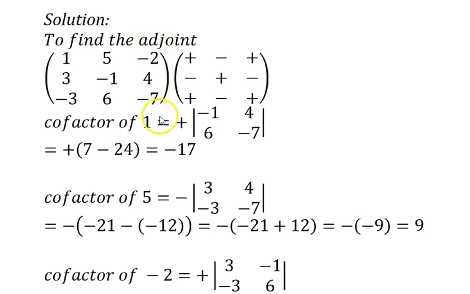We are through with those ones. So let's move straight to the next one here. Beautiful. So we have the cofactor of 3 now, and the corresponding sign is minus.